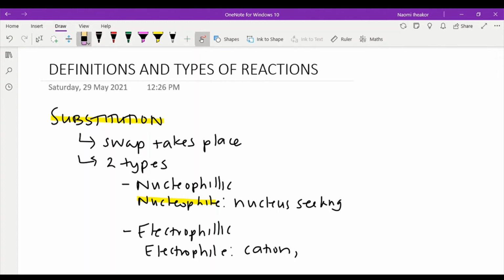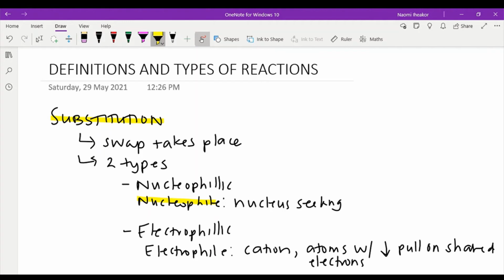So electrophiles are not just cations. Yes, cations are an example of electrophiles, but also atoms with less pull on shared electrons are also electrophilic.